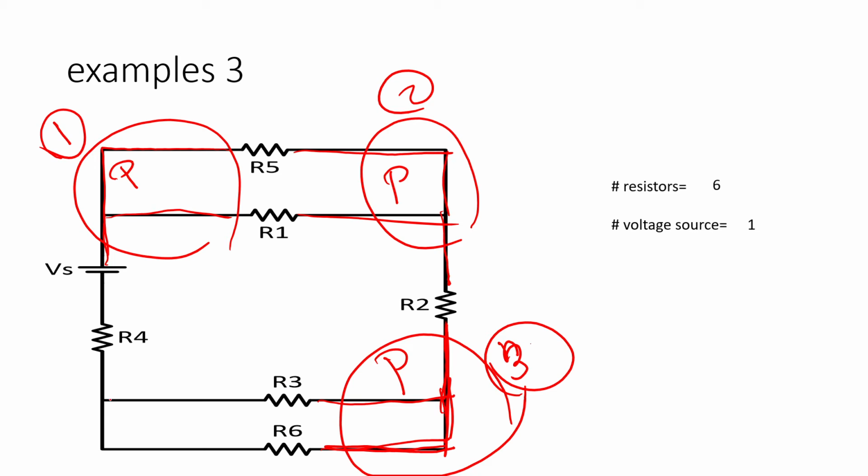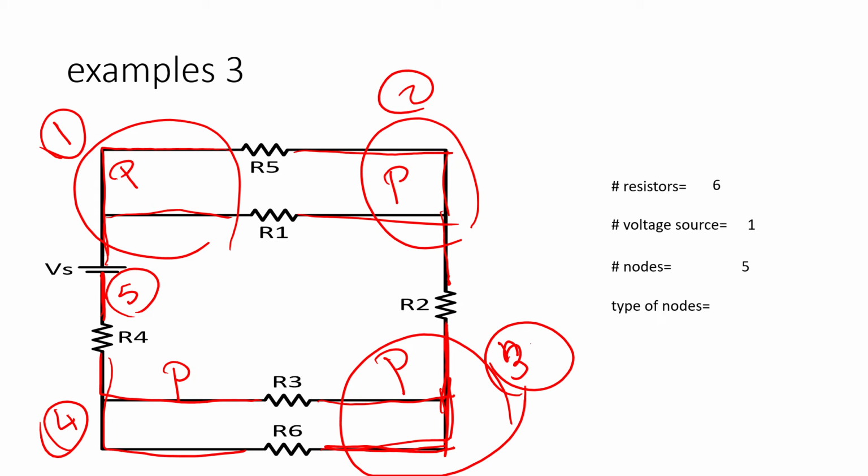R3, R6 and R4 are all connected with node 4, which is another P node. R4 and Vs only are connected using node number 5. So we have 5 nodes, 1 S node and 4 P nodes.